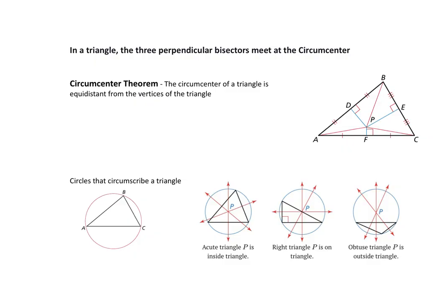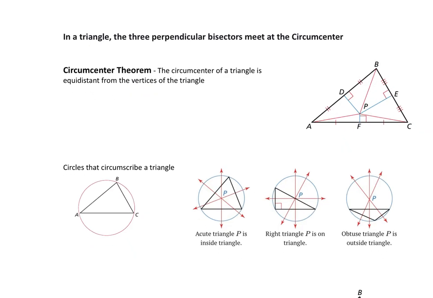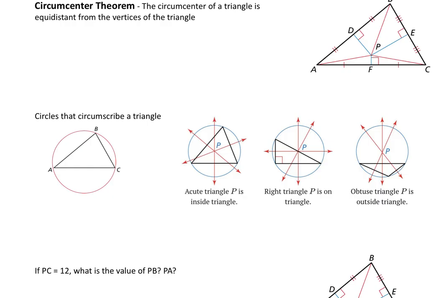So in this case here, before we talk about the circumcenter, I'm going to come down here and talk about what we call a circumscribed triangle. This triangle is circumscribed because it has a circle that goes all the way around it and touches at all 3 points. Okay? A, B, and C all touch the circle.